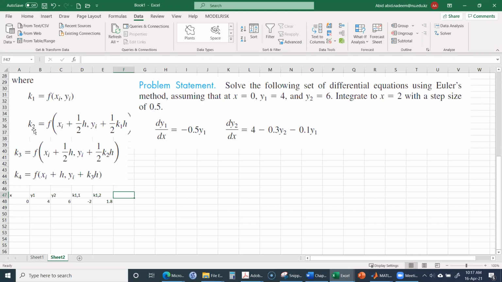Next we need to find the value of K2. But for K2, we need x1 plus h by 2 and y1 plus 1 by 2 K1 h. So we will need to find x plus half h.